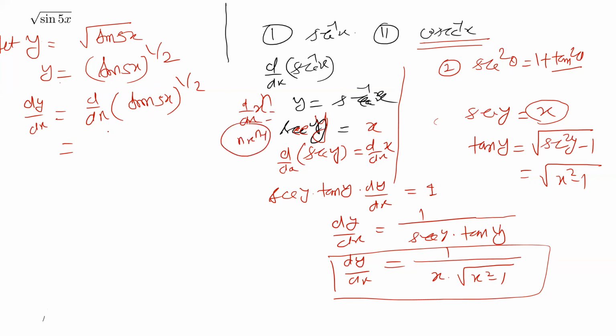Here n is a fraction, 1 by 2. So 1 by 2 into sin 5x power 1 by 2 minus 1 into the derivative of sin 5x. This is the chain rule. Hope you understood. If you have a doubt, please ask in the comments.